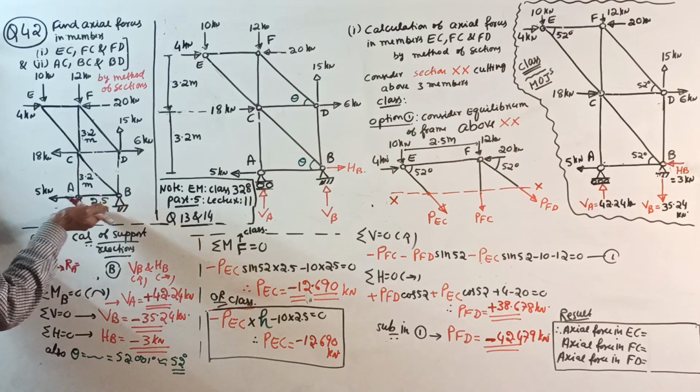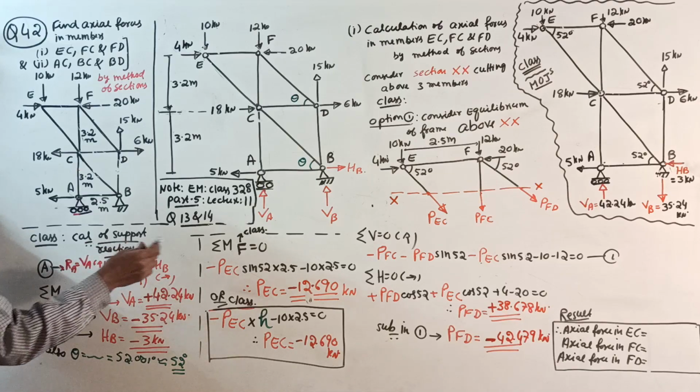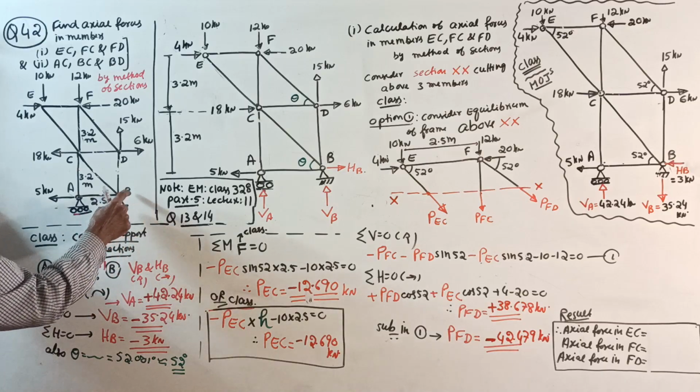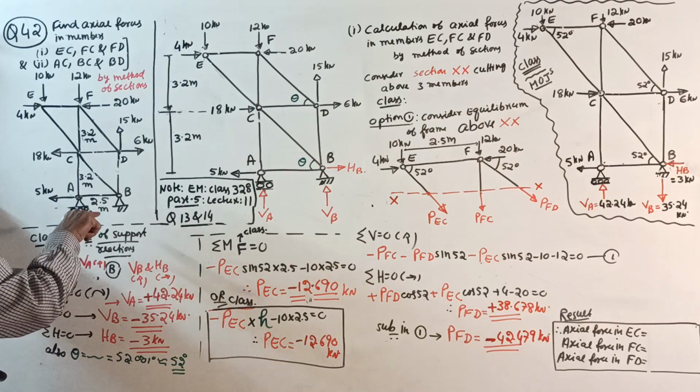Since the roller is on a horizontal plane, it is vertical, it is VA, we will consider upward. See here, VA upward. Then B is hinged support, vertical reaction, horizontal reaction. We will take vertically up, horizontally right side.